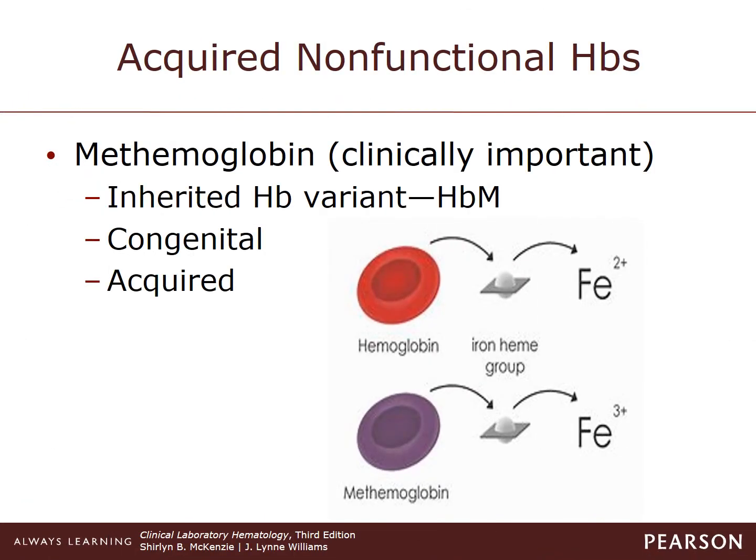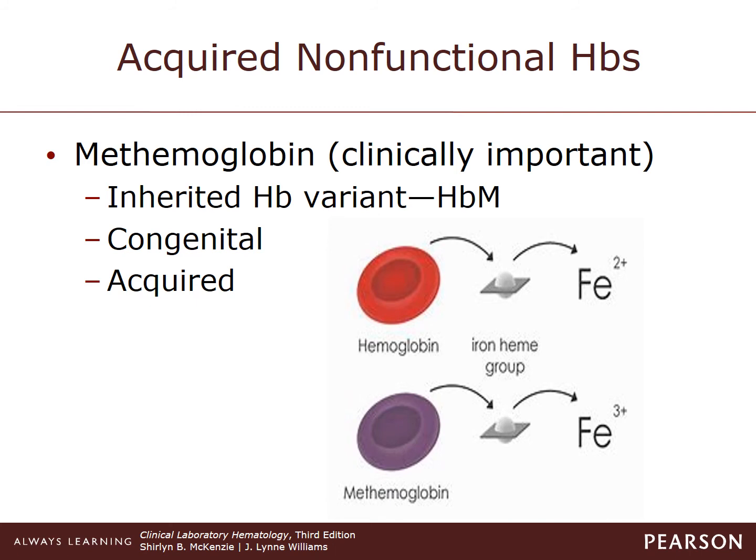Acquired non-functional hemoglobin is called methemoglobin. It's very clinically important because it keeps iron in the ferric state, or the iron 3+ state, where it cannot bind to oxygen. It also increases the oxygen affinity of the remaining normal hemoglobin, which decreases the oxygen carrying capacity of the blood.